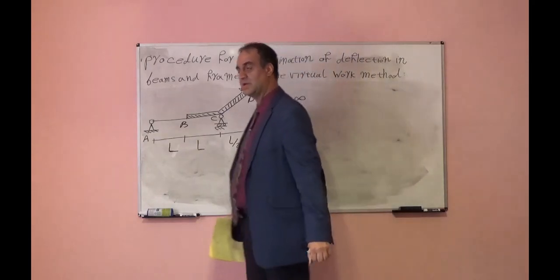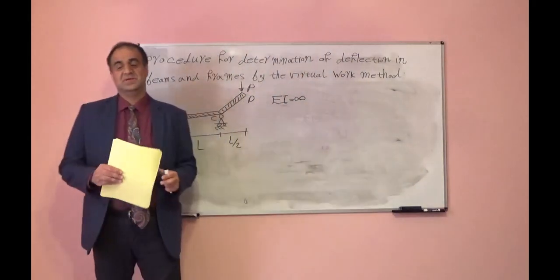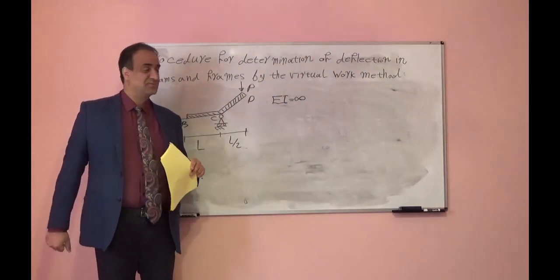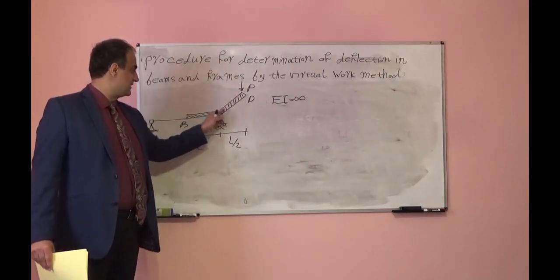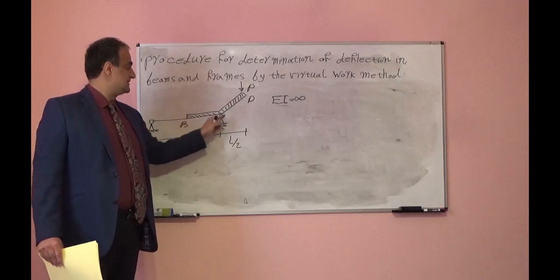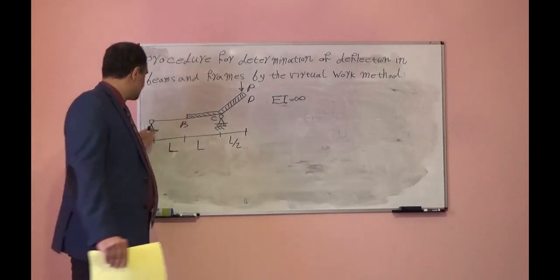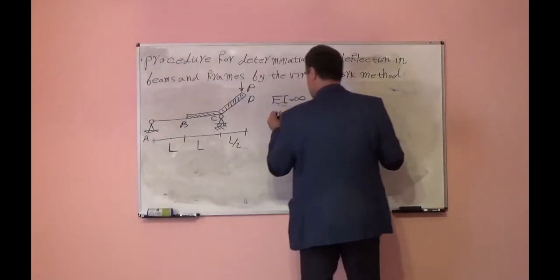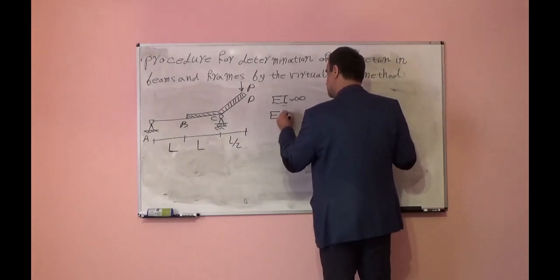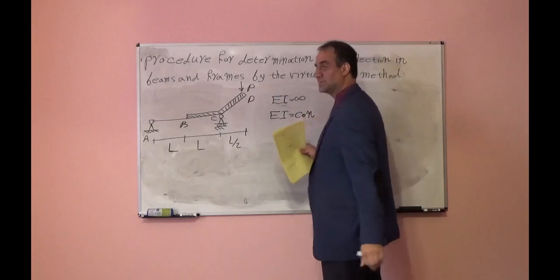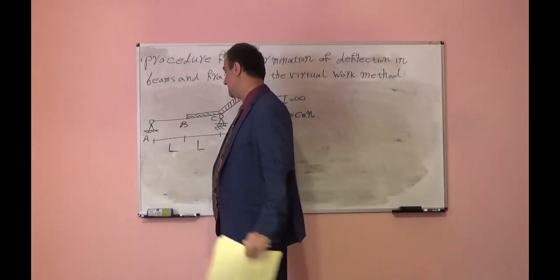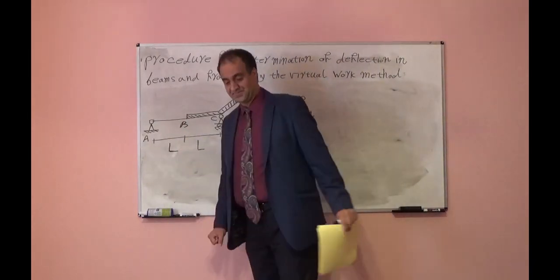If EI goes to infinity, it means no bending deformation, and we will not have any deformation for BCD part. But for AB part, EI is constant. So all deformation comes from deformation of the AB part.